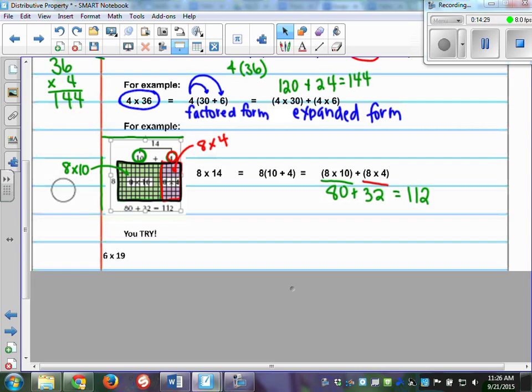Let me give you a couple of minutes to try that by yourself. I'm seeing some kids do some cool things with arrows.